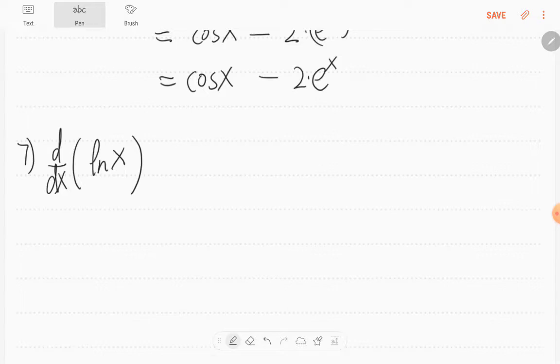Natural log of x is the log base e of x. E is a very special constant, about 2.7. The derivative of this one is equal to 1 over x. These are the basic rules you need to memorize.